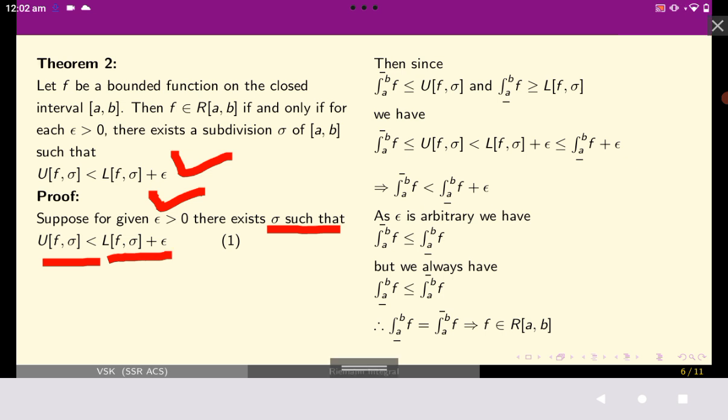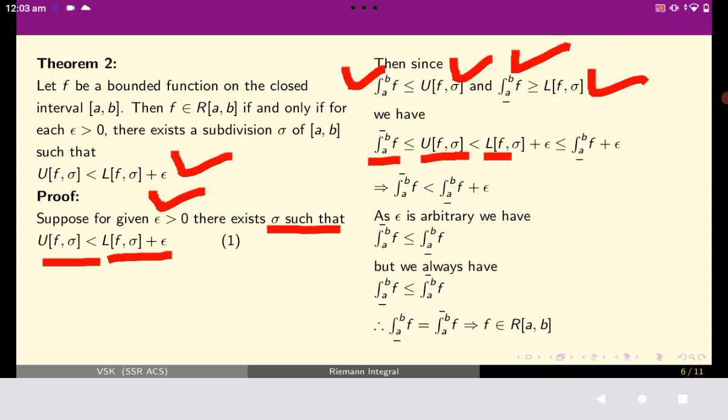Then since the upper Riemann integral is always less than or equal to the upper sum, as we have seen in the previous slide, and the lower Riemann integral is always greater than or equal to the lower sum, we have that the upper Riemann integral is less than or equal to the upper Riemann sum, that is less than or equal to L(f, sigma) plus epsilon because of our supposition, that is less than or equal to the lower Riemann integral plus epsilon because of this.